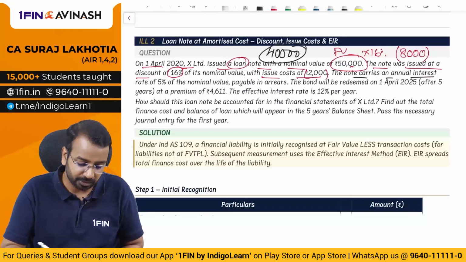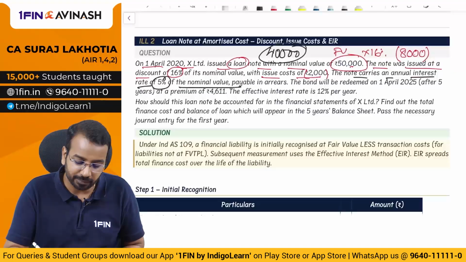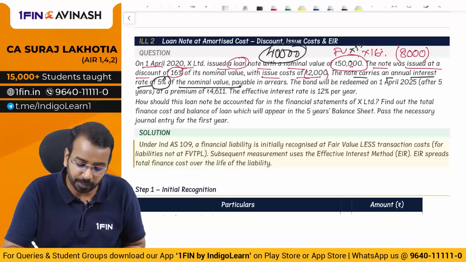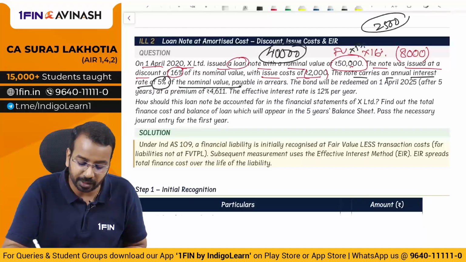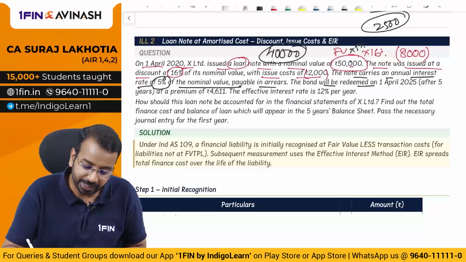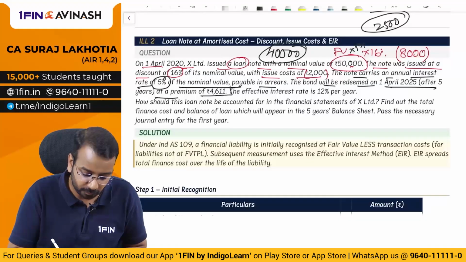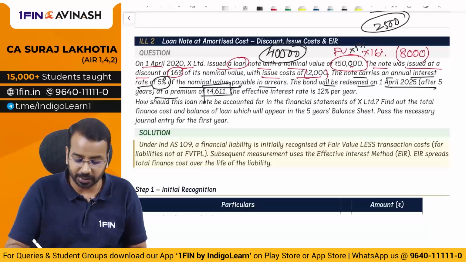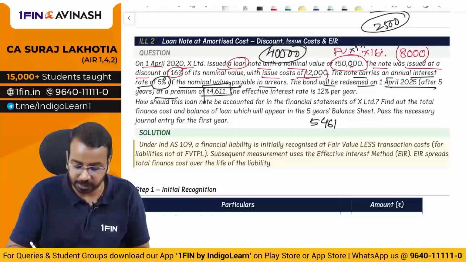The note carries an annual interest rate of 5% of the nominal value. So on 50,000 into 5%, 2,500 is what will be paid in arrears. The bond will be redeemed on 1st April at a premium, which means they will redeem it at 54,611.